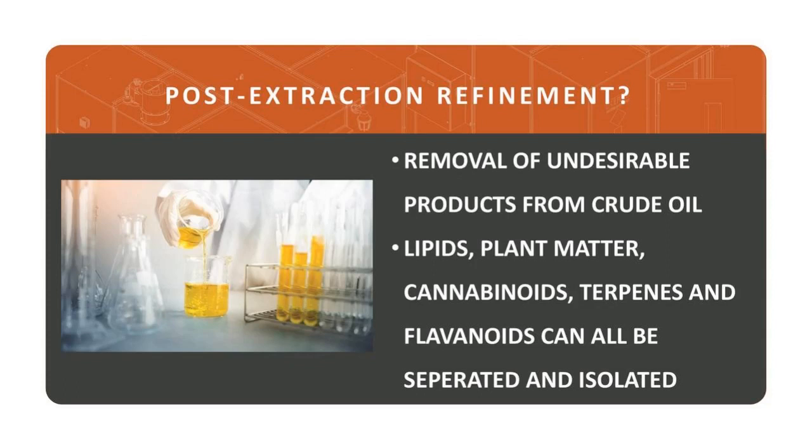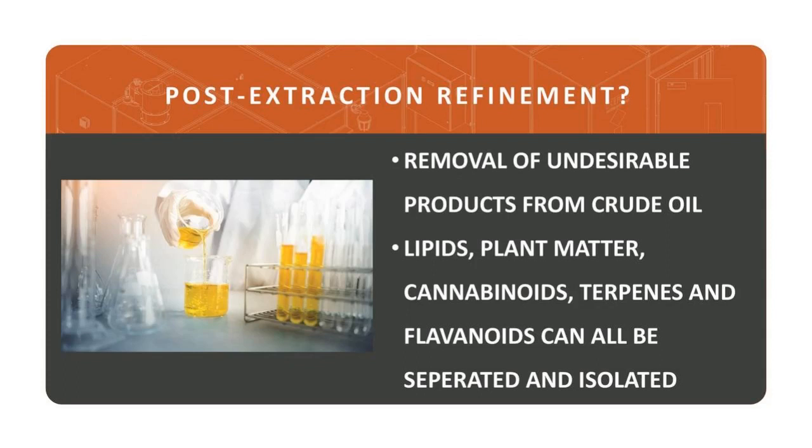A lot of the time, the solvents that we use, ethanol, CO2, and hydrocarbons, while they're very effective at extracting terpenes and flavonoids and cannabinoids and the desirable products from plant matter, they're also very proficient at extracting undesirable things. So chlorophyll is water soluble. Sometimes that can get into your crude oil.